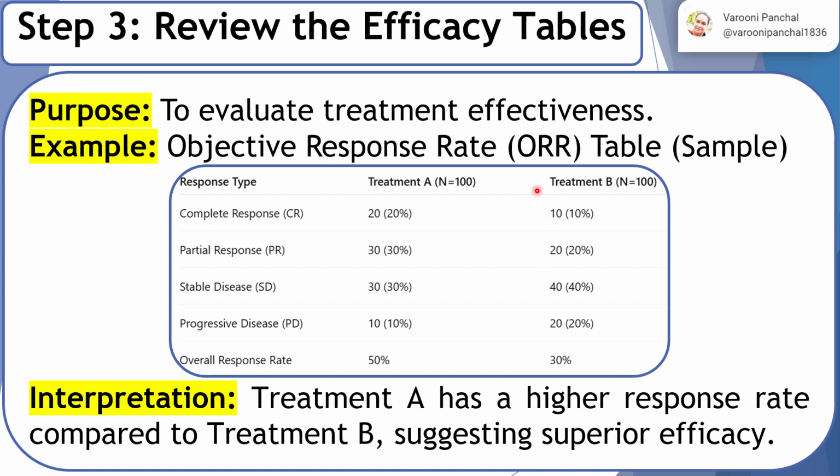But after consuming treatment B, the disease has progressed in around 20 patients. So it is quite obvious, here it will increase and here it will decrease. If the complete response is increasing, then progressive disease has to decrease. That is the logic you need to apply. Partial and stable will be somewhat the same anyway, but we should always be interested in CR and PD. That's how you can understand these values.